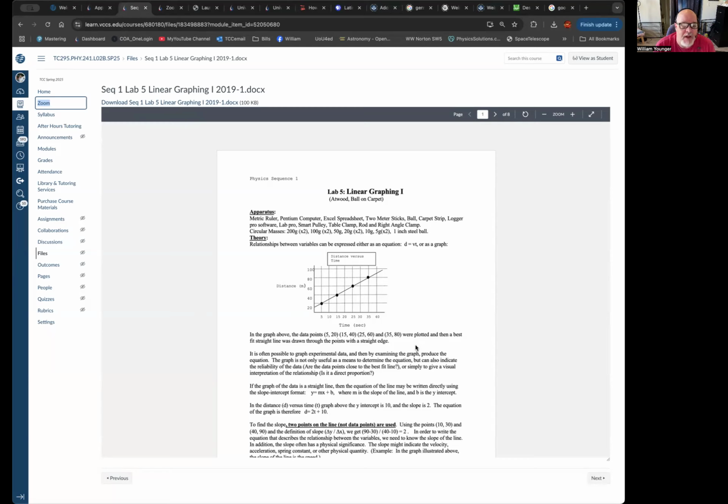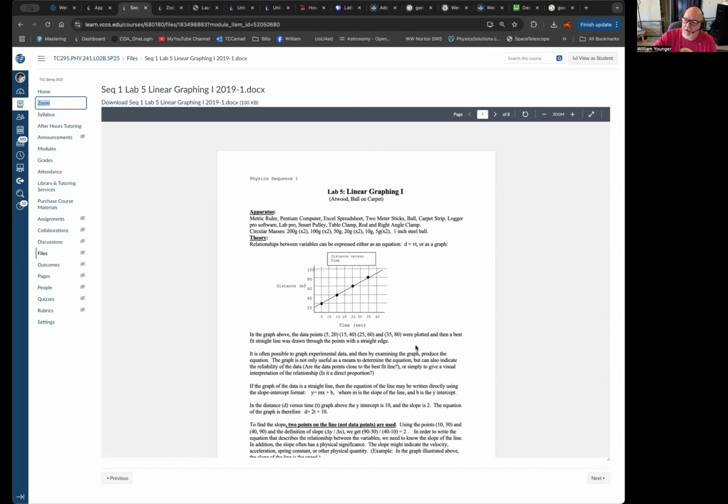It's called Lab 5 Linear Graphing 1, in which you are only treating two things: an Atwood machine, and a very special way of doing an Atwood machine, by the way, and a ball on the carpet. In the ball on the carpet, you'll be using the data from putting two meter sticks together with tape, which makes a little channel that a ball could roll down.